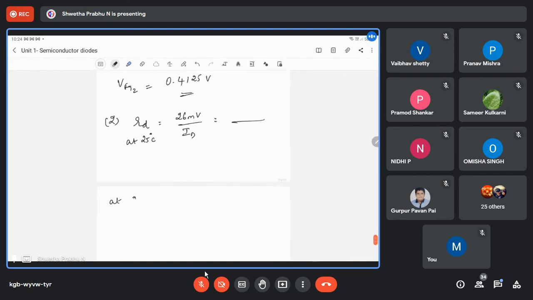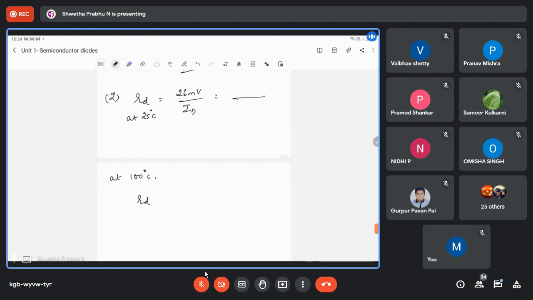And the next value is at 100 degrees Celsius. At 100 degrees Celsius, what is the equation for RD? 0.026 divided by ID multiplied by T plus 273 divided by 300. So find RD value with respect to T1 as well as T2.